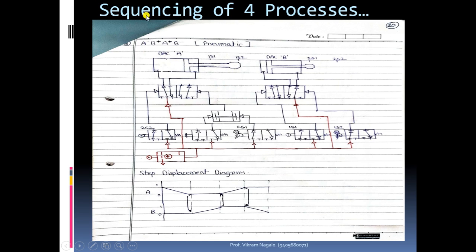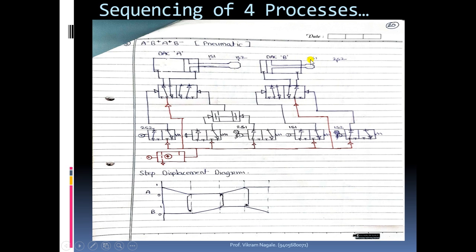Now here you can see, first we want to show retraction for this cylinder A, and for that sake only we are keeping this cylinder in extended condition. Then with respect to cylinder B, the first output is B plus, so in order to show extension of cylinder B, we are keeping this in retracted position.